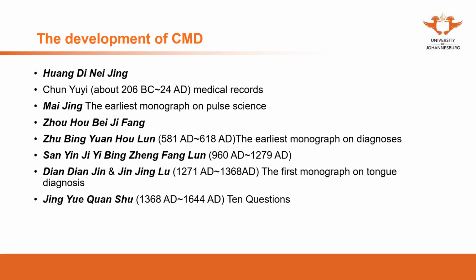And also in Nanjing, which is another classic. So the four classics: 黄帝内经, Nanjing, 神农本草经 and the 伤寒杂病论. In Nanjing, it described how talented the practitioner is from observation, from hearing, from inquiry, from pulse taking.